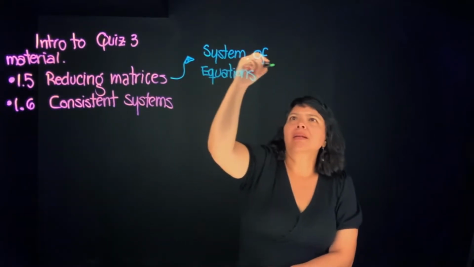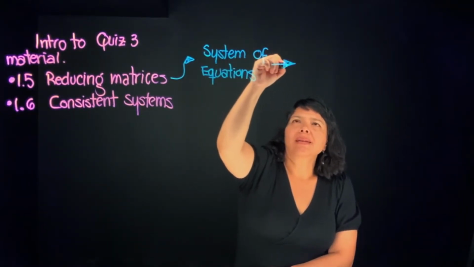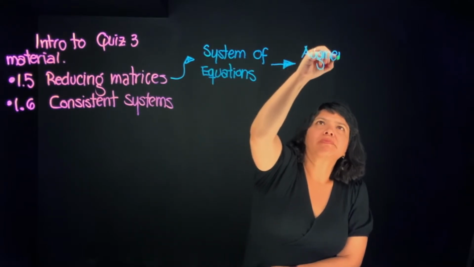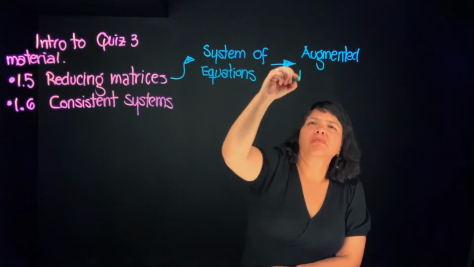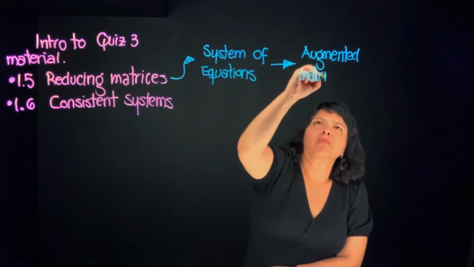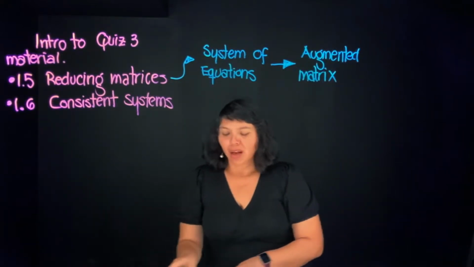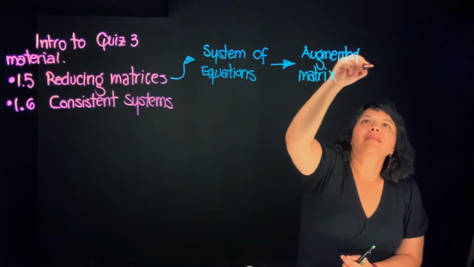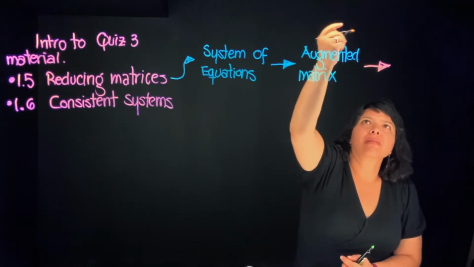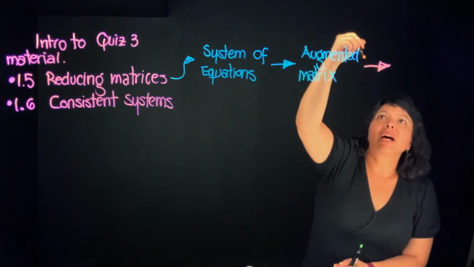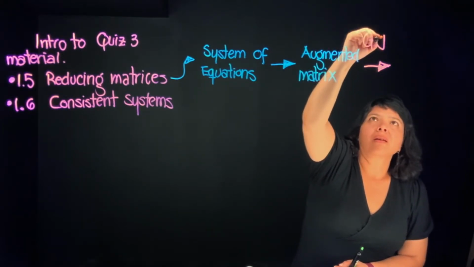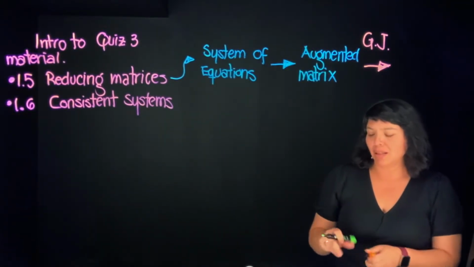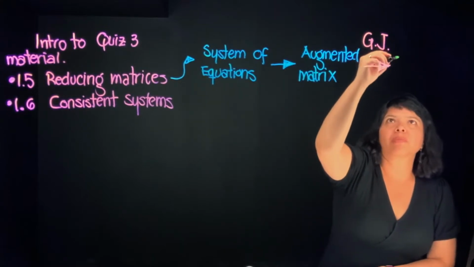And from that, you can get an augmented matrix, and from there what you're going to do is you're going to use basically the same ideas as your Gauss-Jordan procedure to lead this augmented matrix into what we call the reduced echelon form.